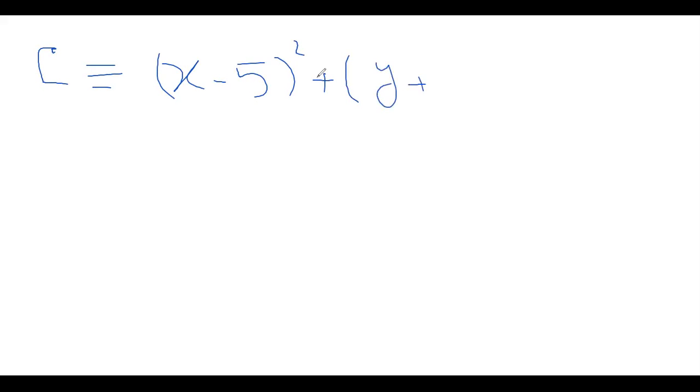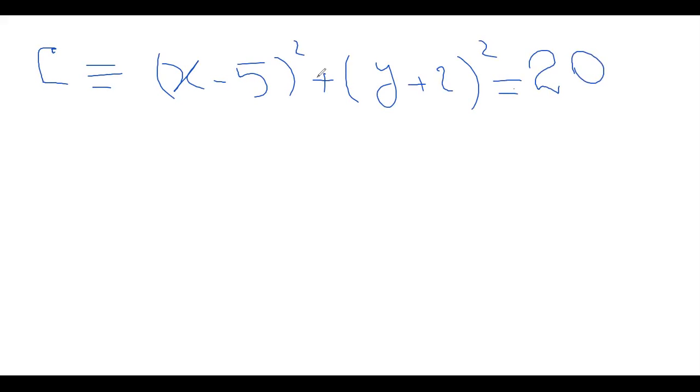Now, there is the equation of the circle. What I mean to say, x minus 5 whole square, next is y plus 2 whole square, is equal to 20.